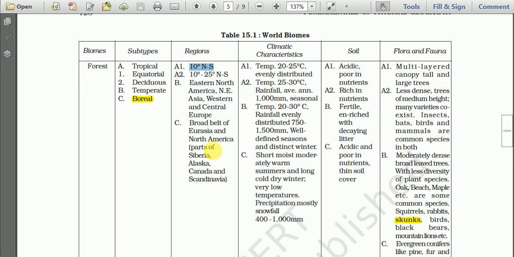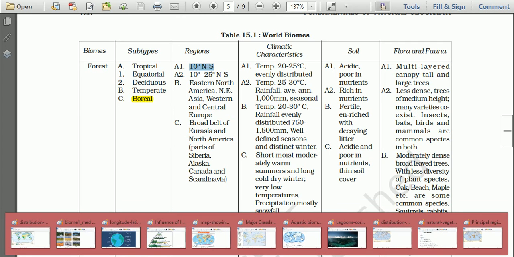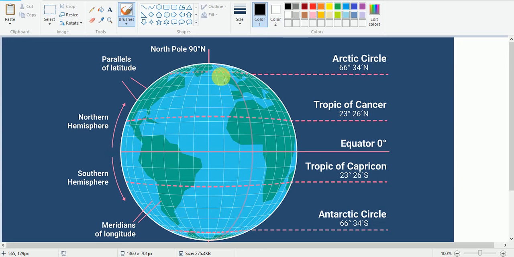Just see here, this is the equator, and this is 10° north, and here this is 10° south.